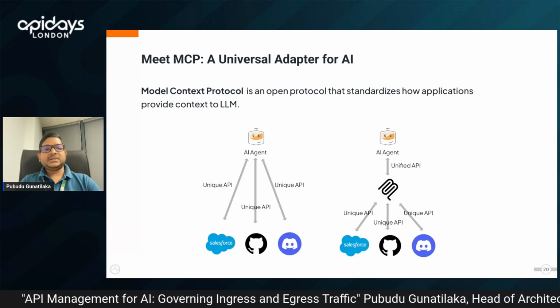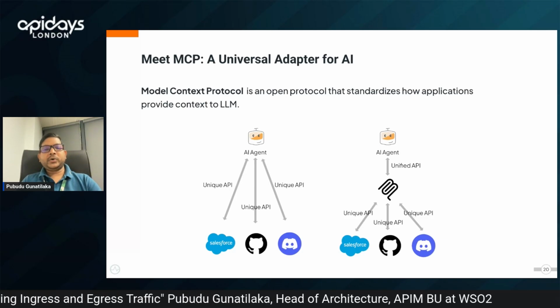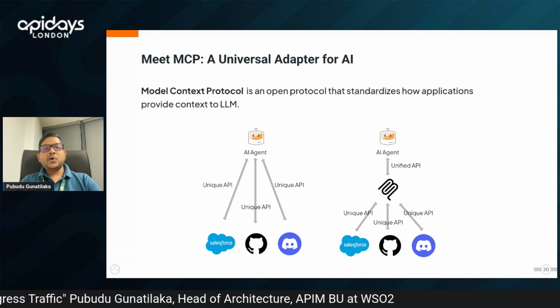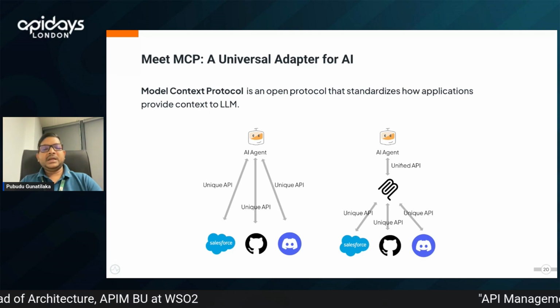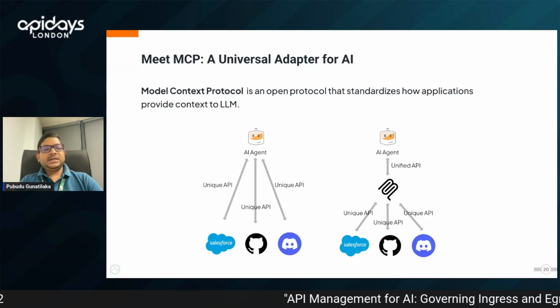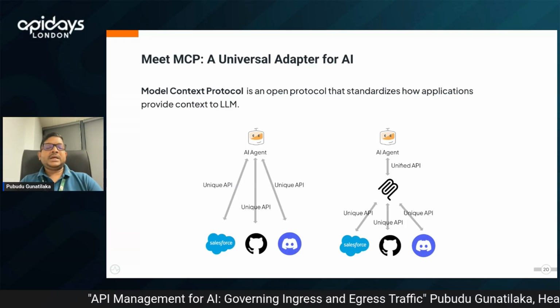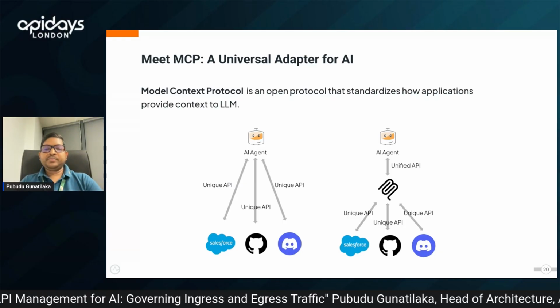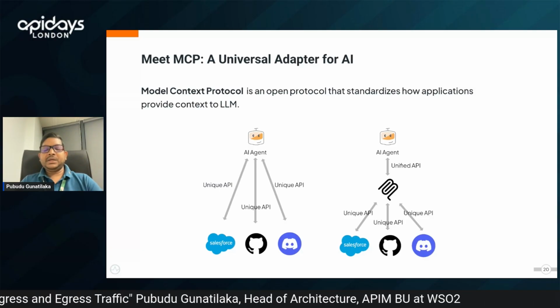MCP is the Model Context Protocol, which is an open protocol that standardizes how applications provide context to LLMs. If you take an AI agent that interacts with multiple APIs, it has to call each of these APIs uniquely. This is resolved by MCP coming into the picture.